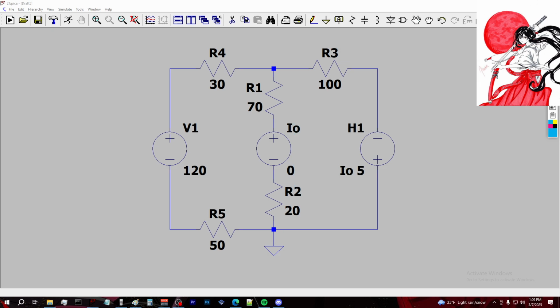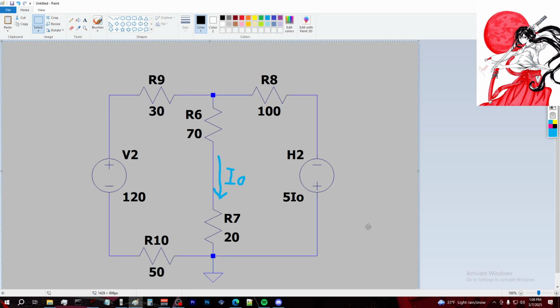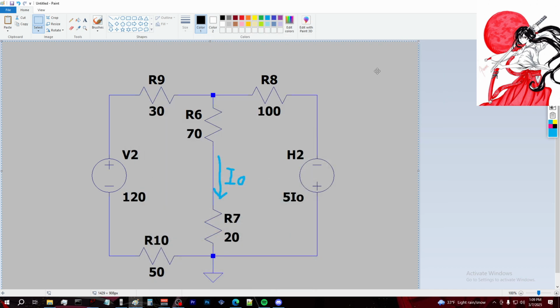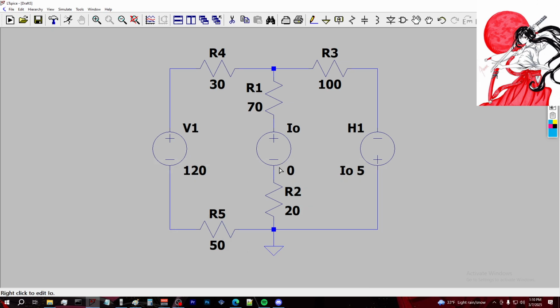So now that we covered that, let's see how it will look in an actual drawing. As you can see, this is what it looks like in an actual electrical drawing. You're going to have your dependent current source right here, and then you're going to have your current traveling in conventional current. Here we have it flowing as electron flow, from negative to positive.